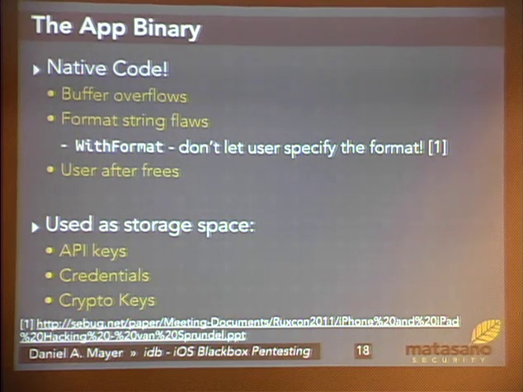There's a presentation referenced here, which you can look up later if you want to. Also, very often we see that app developers store credentials in there, like API keys or cryptographic keys for encryption. Obviously, it's not a good place to store this in the binary. You can just run strings on it, and you're going to get all the keys back out.